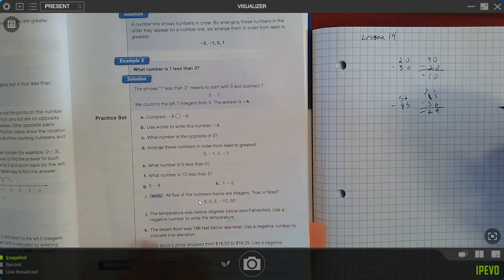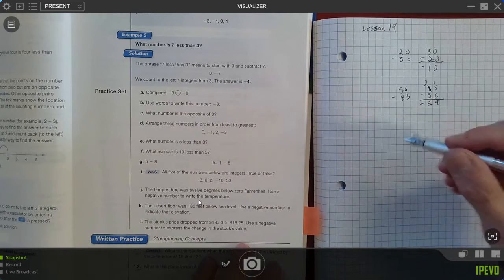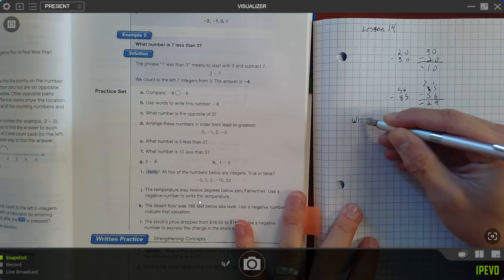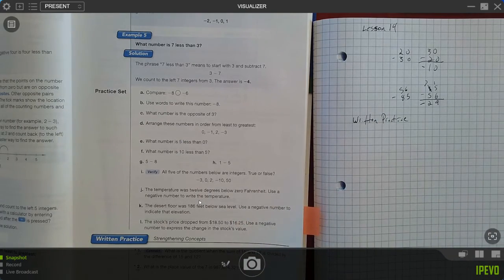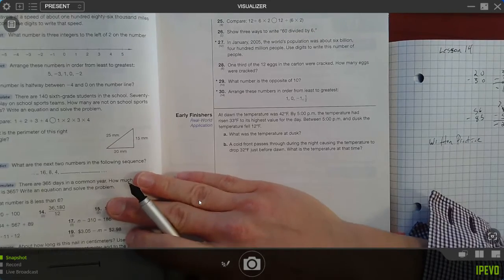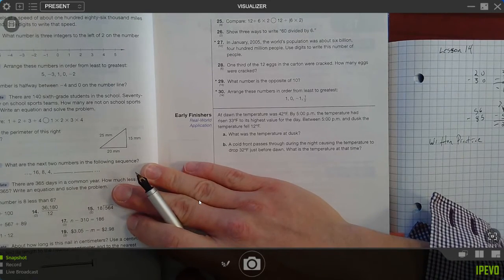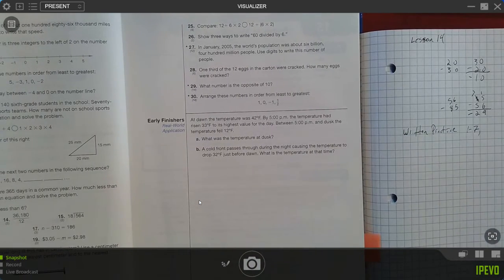Okay, it gives you some stuff. I do think this practice is particularly important, so pay attention to that. The written practice. Okay, we'll do 1 through 7. Okay. 9. I like 9 a lot.